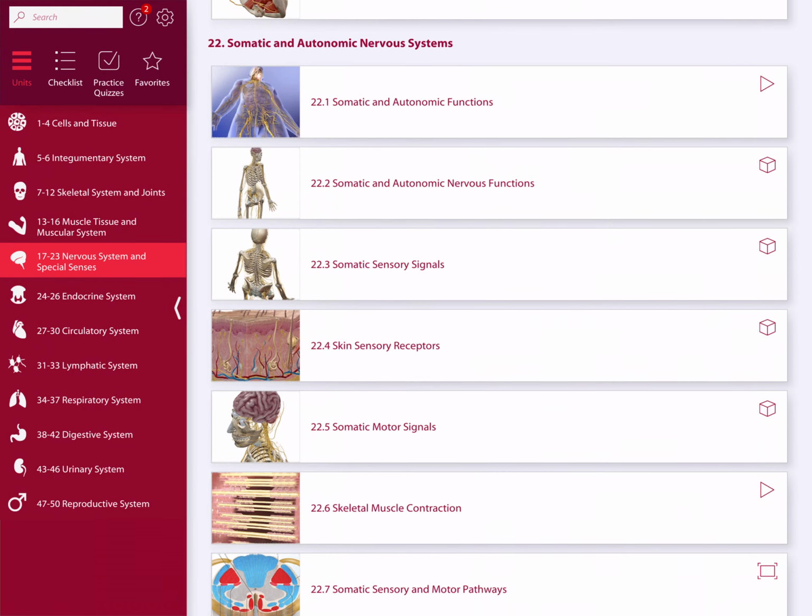Somatic and autonomic. Somatic would be nerves that control your muscular system. So if I want to flex my bicep, that is done with a somatic nerve. But digestion, so once I've eaten a great hamburger from Red Robin's, enters my digestive tract, and once it's in the alimentary canal, I no longer have control of that.